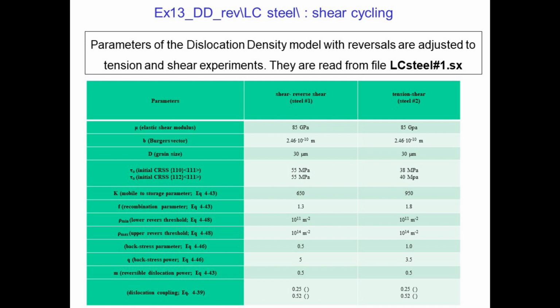You can take a look at them, but I don't want to go too much into detail. They are the parameters that appear in the law: the powers that appear in the back stress law, and the parameters that also appear for the reversible dislocations.